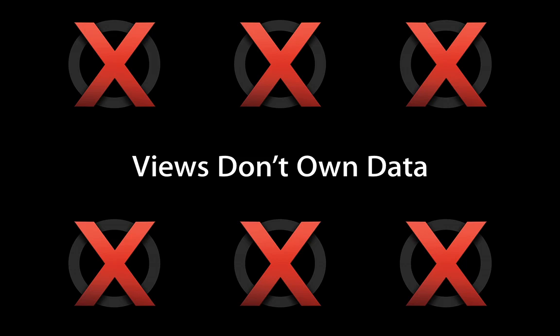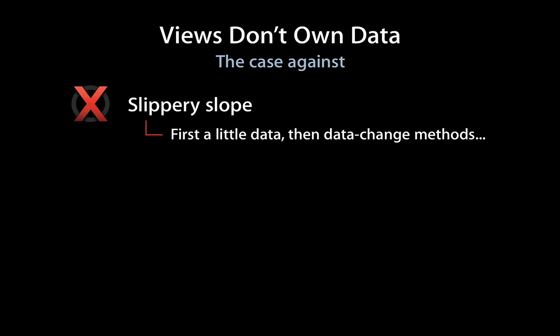OK, so you say, views don't own data. What do I mean by this? Well, what you might be thinking is that views display data, don't they? So what is this point all about? The point is that views aren't the objects that are ultimately responsible for owning a piece of data in your system. So here's the case against. I think it's a slippery slope.